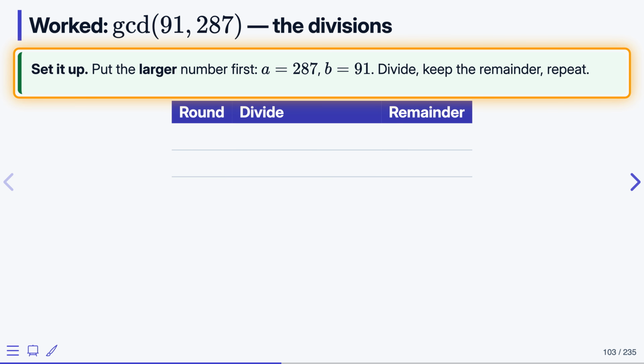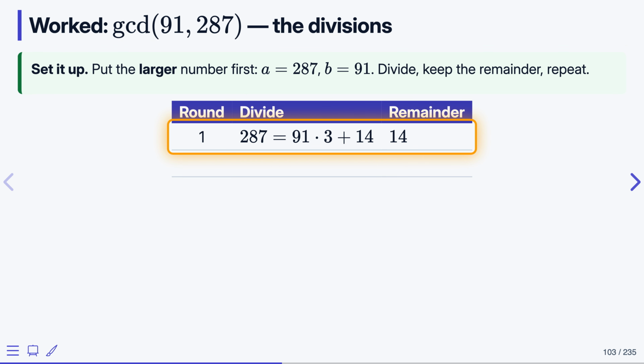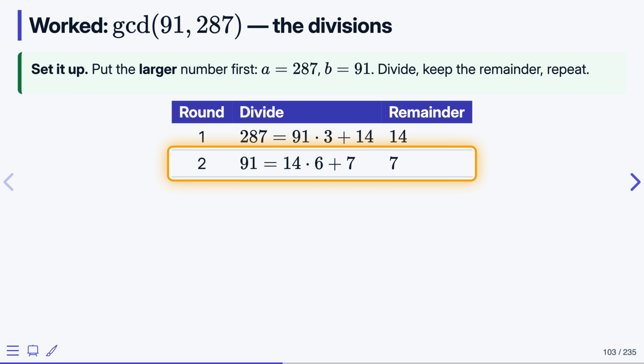Set it up. Put the larger number first. So A is 287 and B is 91. Now divide, keep the remainder, and repeat. Round 1. Divide 287 by 91. 91 times 3 is 273, and the remainder is 14. Round 2.